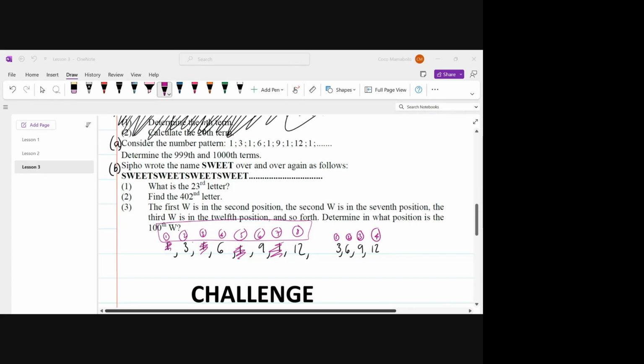So instead of using this particular sequence to look for the 1000th term, instead of looking for T1000, we're going to look for T500. Okay, and that's your job now, grade 10s. Find me T500, because once we've got T500, we're going to end up at T1000 anyway. So first you need to find me a common difference. You need to find me the first term. You need to find me Tn, and then use Tn to find T500, please.